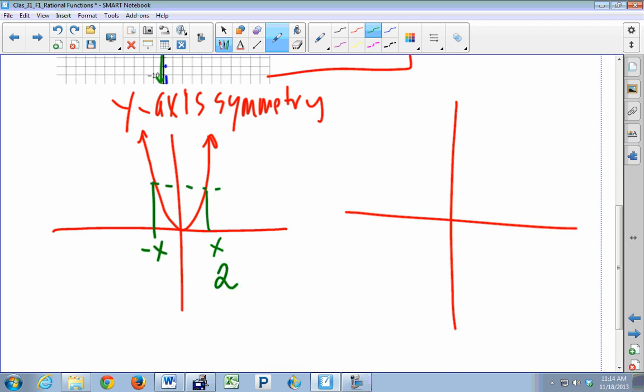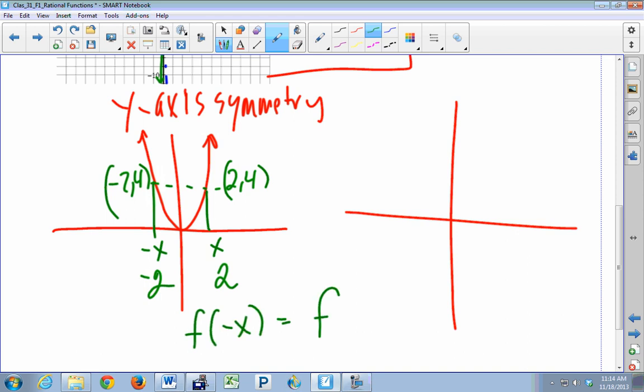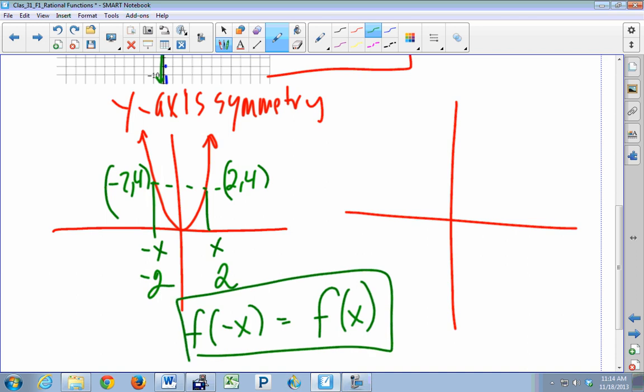For example, if I put in 2 and I put in -2, I get exactly the same y value. How we write that in notation is f of x equals f of negative x. If I evaluate my function at x and at its opposite, I get the same y value. That tells me I have y-axis symmetry.